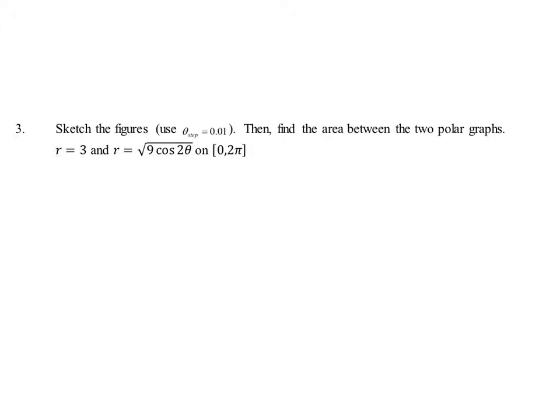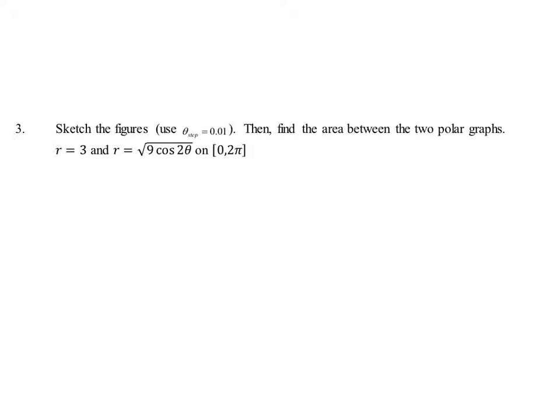All right, there is something that you could do to the theta step. You make your theta step minuscule, and it'll come closer to completing the curve, but it'll never actually look perfect. All right, so what do we do?